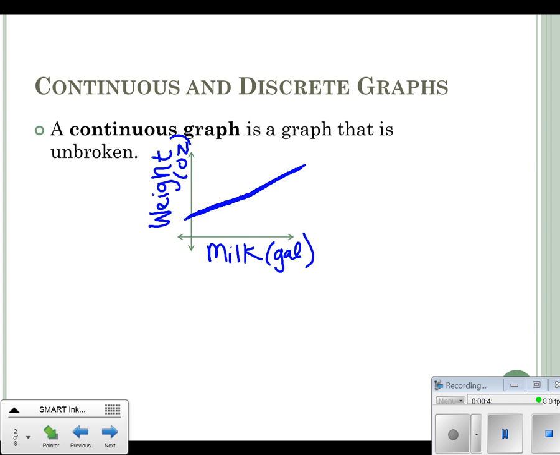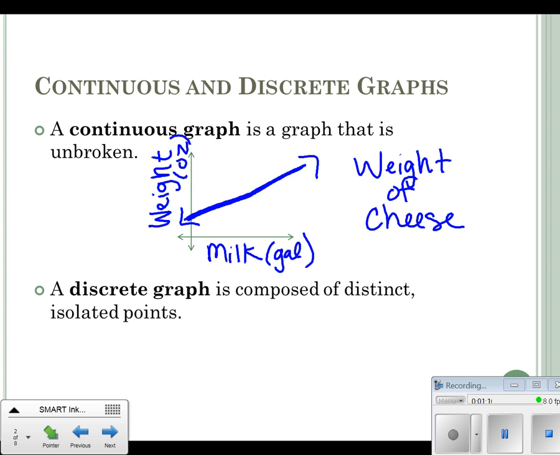So that would be going up in a line like this if we're looking at weight of cheese. And this would be continuous in the sense that that line is a solid line where you can have in between whole gallons and whole ounces. You can have in between there.